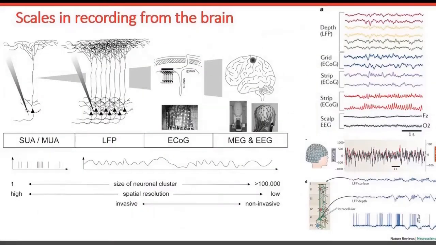And MEG, EEG, as I have already mentioned, scalp EEG and MEG, record the magnetic fields produced by electrical currents from the surface of the scalp. And these signals come from hundreds of thousands of neurons and have to travel through the skull and several layers of skin before being picked up by a single electrode. As a result, this skull and skin attenuates most useful information in EEG.